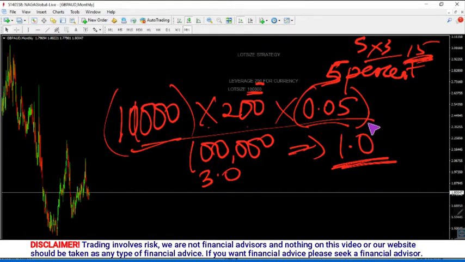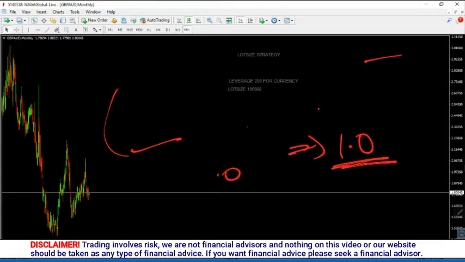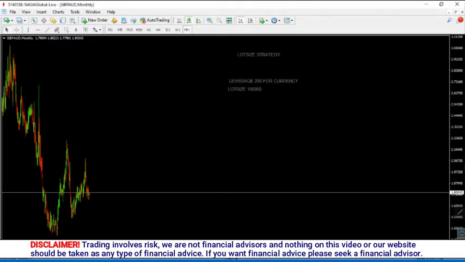If you're using 5% of your account size, which is very much ideal, on 10,000 you're going to be having 1.0 as the lot size to be used.